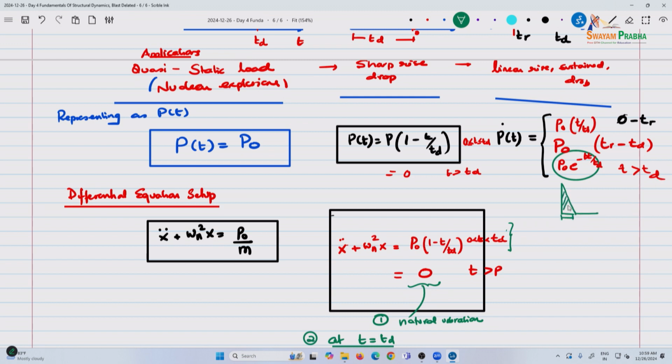How do you linearize it? What would you do to linearize that function? Because solving the exponential part in the differential equation is going to be much harder than a linear drop. What would you do to linearize that function?